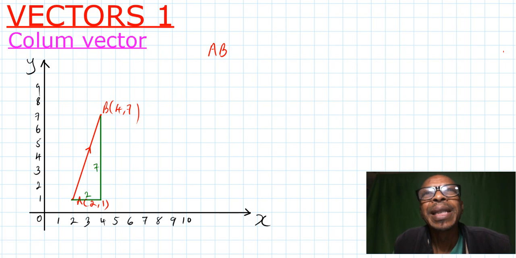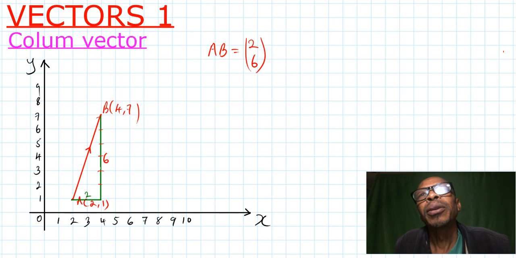So we can say, in terms of displacement, the vector AB is equals to, it has changed. The x component has changed by two, and here let's correct this. It is 6, not 7. So 1, 2, 3, 4, 5, 6. So here we have 6 units, and therefore we say this is 6.